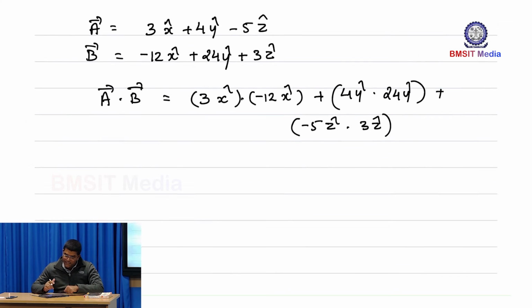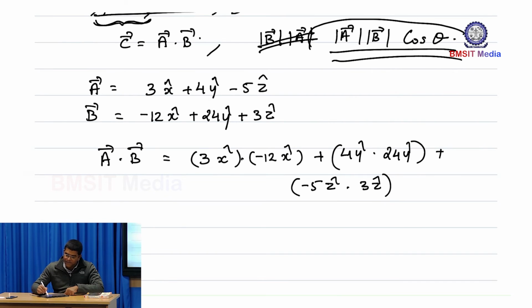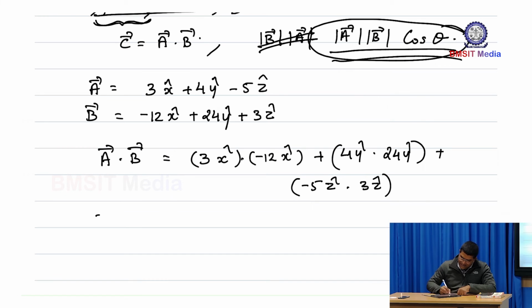So this is your equation. By the definition of the dot product, we know that vector A dot vector B is magnitude of A into magnitude of B into cos theta. Let us consider the first element, 3x cap dot minus 12x cap.